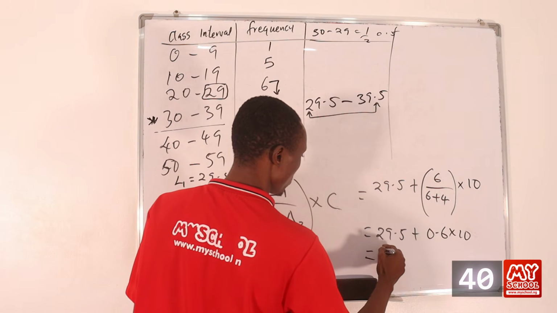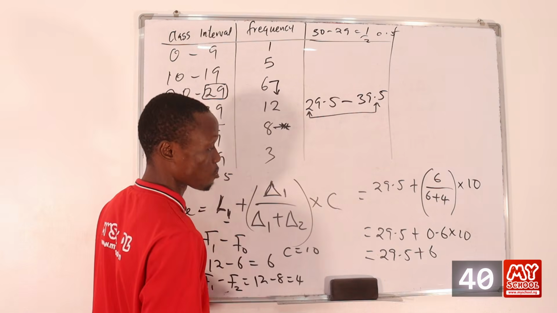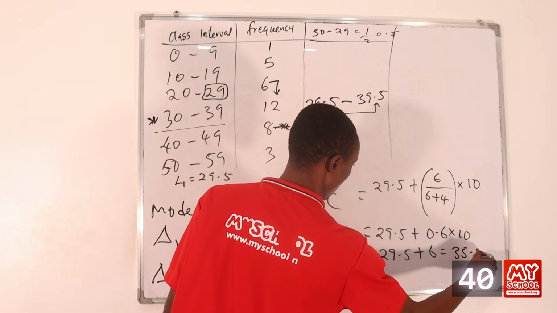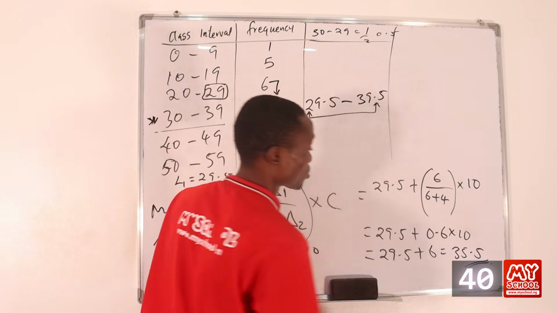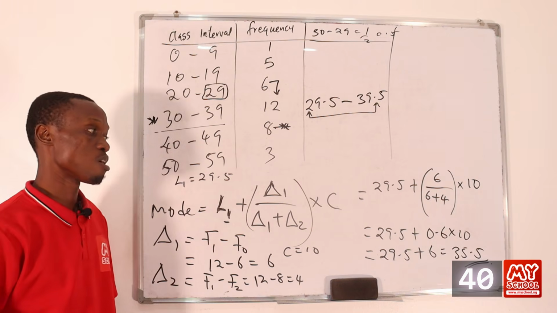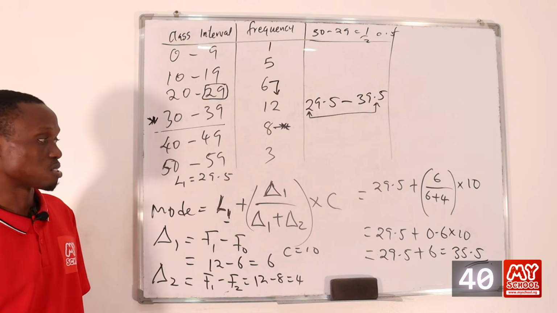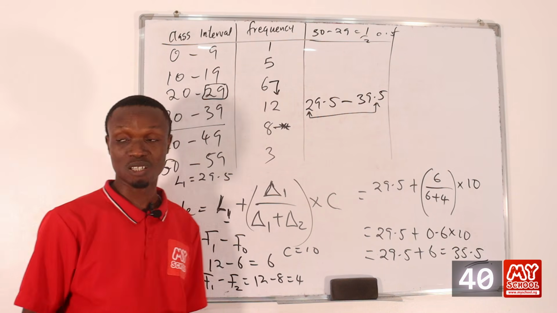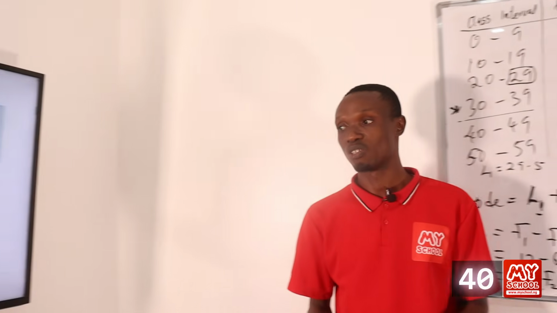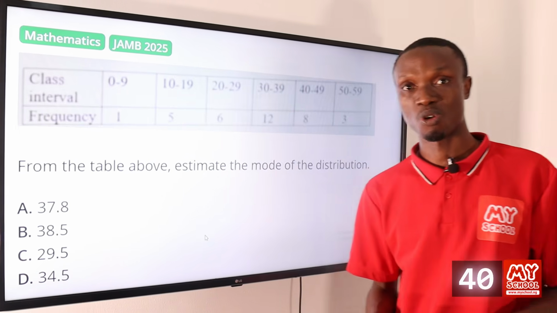So we now have 29.5 plus 6, which will be equal to 35.5. If you check the options carefully, we don't have 35.5, but we choose the value that is closest to 35.5, and that is 34.5. So let's return to the screen to pick the correct answer, and that is 34.5.